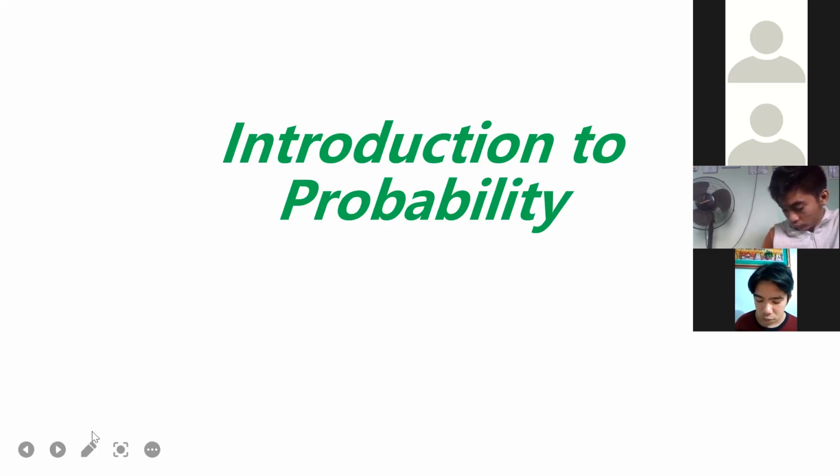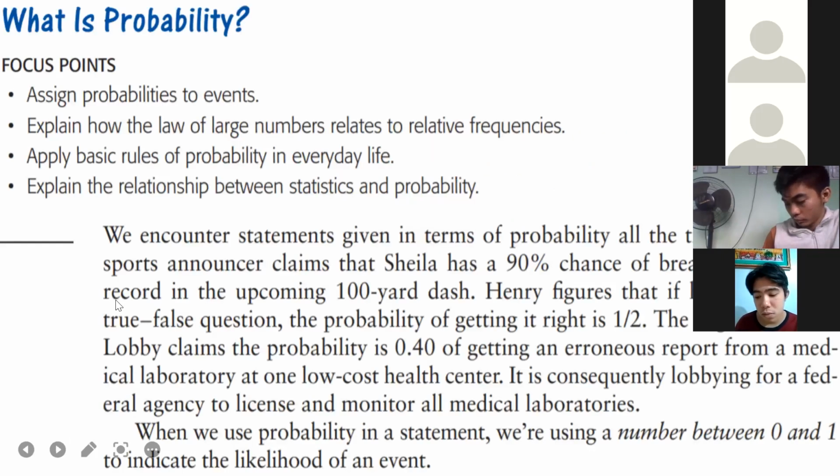Introduction to probability. So what do we mean by probability? So our focus or our objectives for this day is to assign probabilities to events, explain how the law of large numbers relates to relative frequencies, apply basic rules of probability in everyday life, and explain the relationship between statistics and probability.